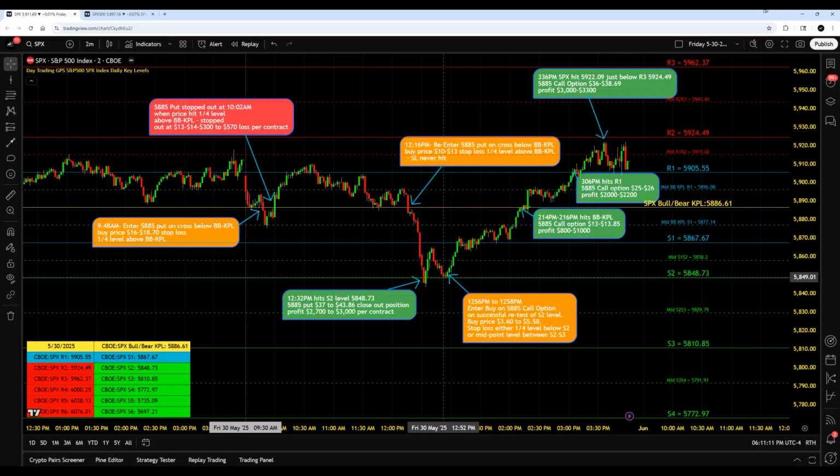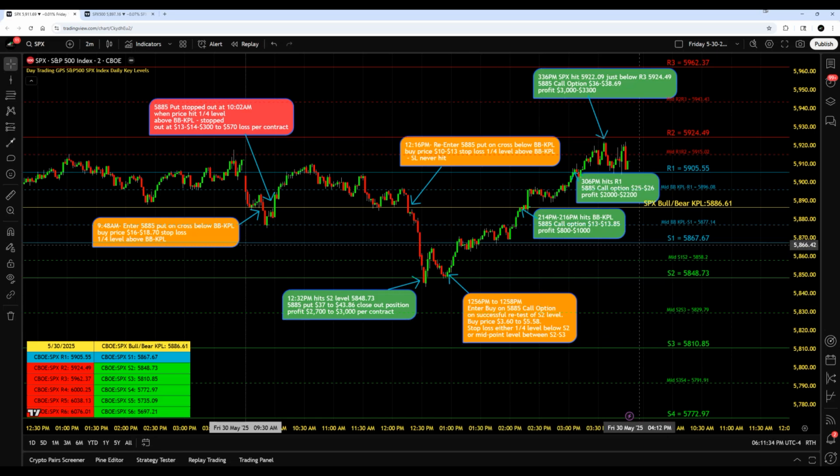So this is a retest with a move back above the S2 level. This would be entering between 12:56 and 12:58, so this is 12:56 and this is 12:58 right here. So an entry, a buy on a 58.85 call option on the successful retest of the S2 level.